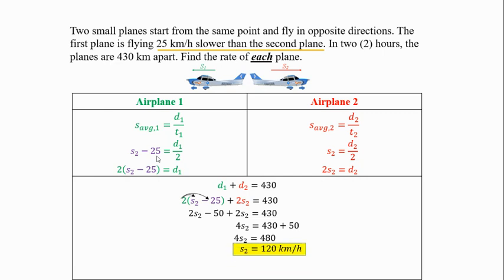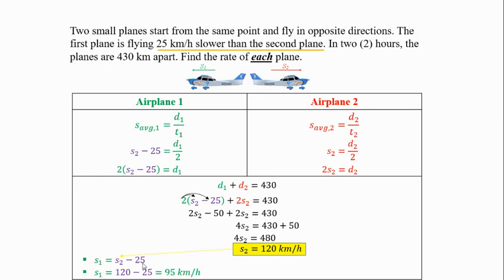So we can just use that statement. In my work here, we can say S1 is S2, which is the faster plane, subtract 25, and when you subtract, you're getting a lower value, which is a slower speed for S1 moving to the left. We just solved for S2, so we can substitute 120 for S2, therefore 120 minus 25 yields 95 kilometers per hour.